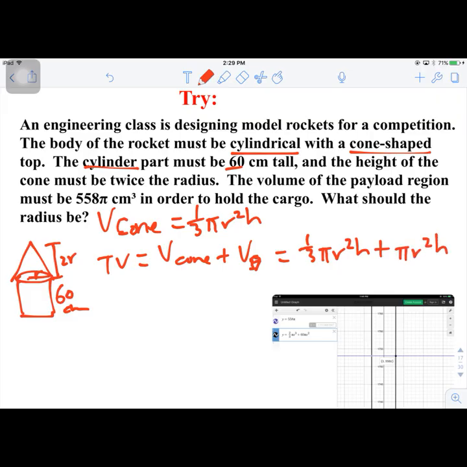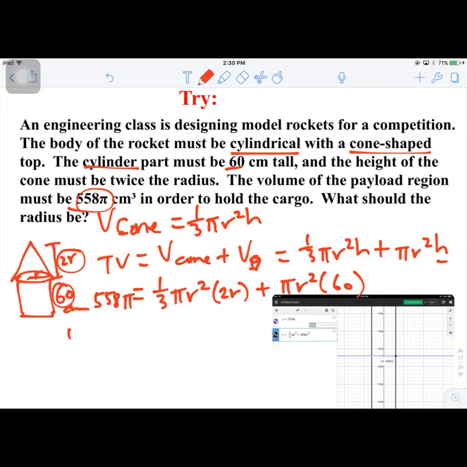We are given that the volume is 558 pi, and the volume of the cone is going to be 1/3 pi r squared h, where h is 2r because that is given for the height of the cone, plus pi r squared h, where h is 60 for the cylinder. And then again simplifying, we will have 2/3 pi r cubed plus 60 pi r squared.